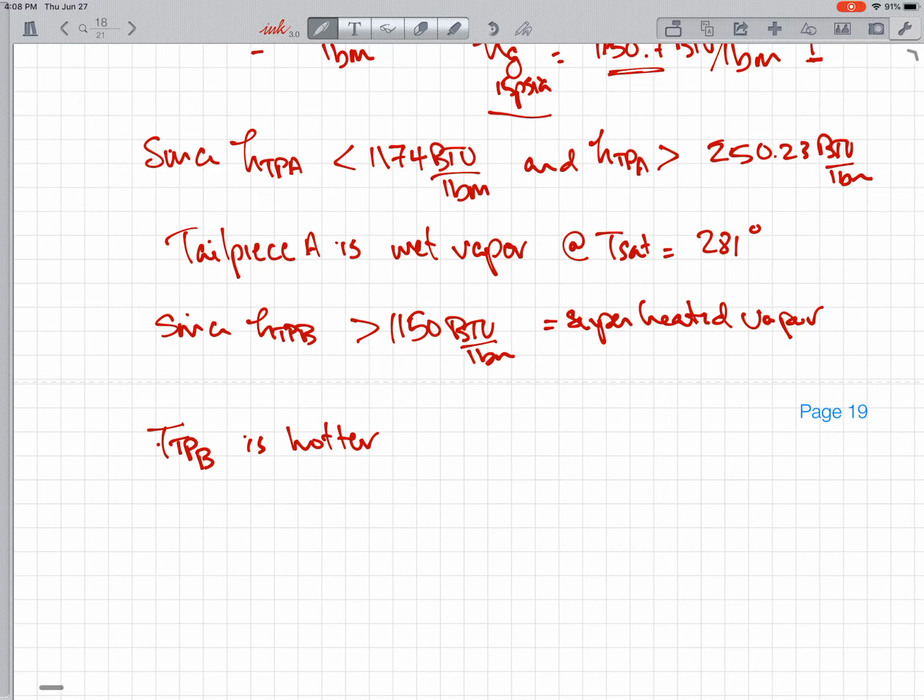Well, how do we find out how hot it is, right? How hot? Go to 15 pounds on page 15 of your steam table, and you start looking at enthalpies of superheated steam. All right, so I could tell enthalpy of superheat 15 pounds at 240 degrees is equal to 1163.9 BTUs per pound mass.